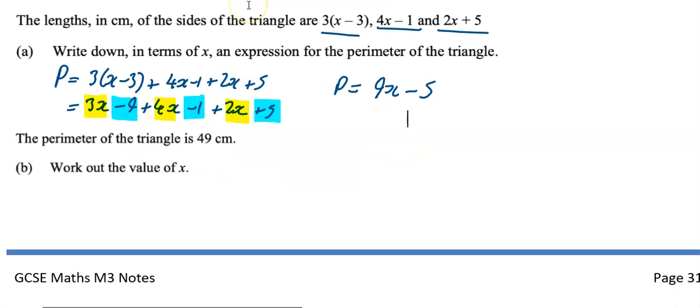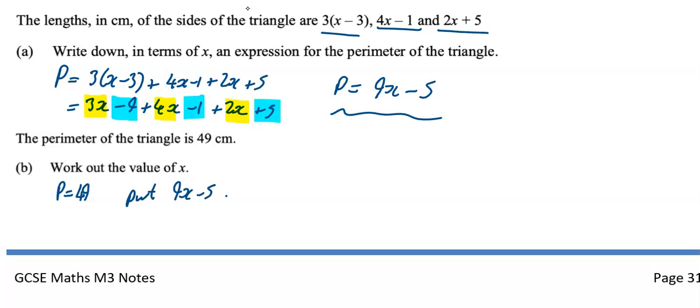Okay, next part of this question says the perimeter of this triangle is 49. So again, we know P is equal to 49. And from above, you knew your P was equal to 9x minus 5. So just put 9x minus 5 equal to 49, which means 9x is equal to 49 plus 5, which is 54.